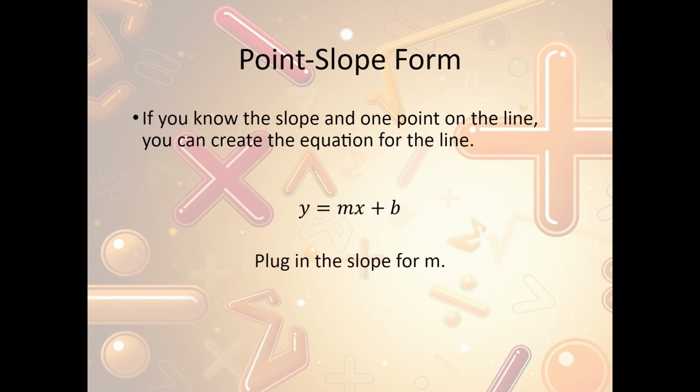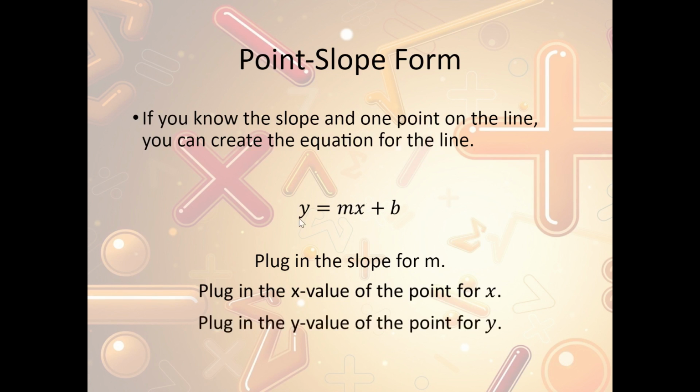So whatever slope is given to us, we plug that in for m. We plug in the x value of the coordinate. So we're given some ordered pair, and we plug in the x part here and the y coordinate here, and now we're left with only one variable, which is b, and we can solve for b and get the y-intercept.